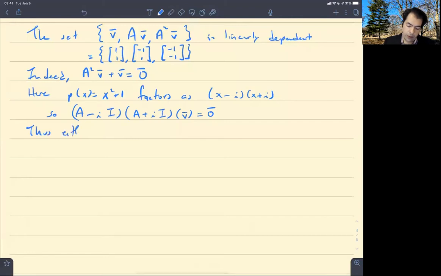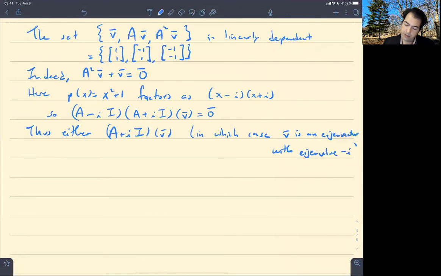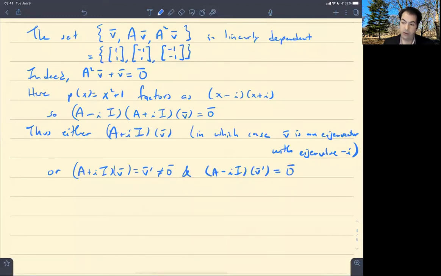Now, from the proof, we know that either (A plus i times the identity) applied to v is equal to 0, in which case v is an eigenvector with eigenvalue minus i, or (A plus i times the identity) applied to v, call it v prime, is not 0, and (A minus i times the identity) applied to v prime is equal to 0.